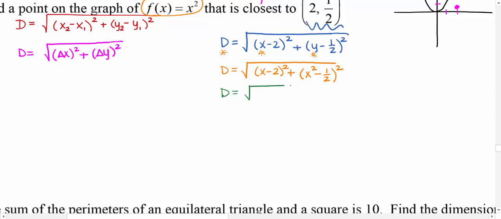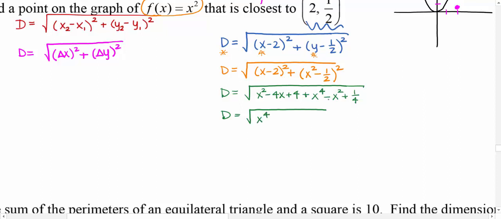So it'd be square root of, this would be x squared minus 4x plus 4. And just be careful when you square this. This will be x to the fourth minus 1x squared plus a fourth. And if I combine like terms, I have the square root of positive x to the fourth.